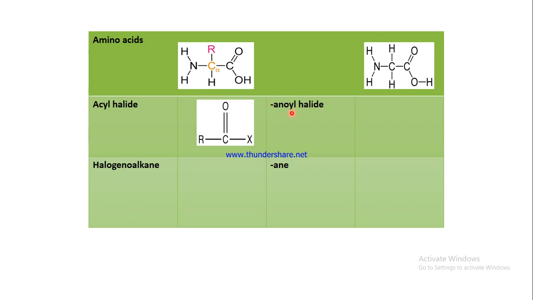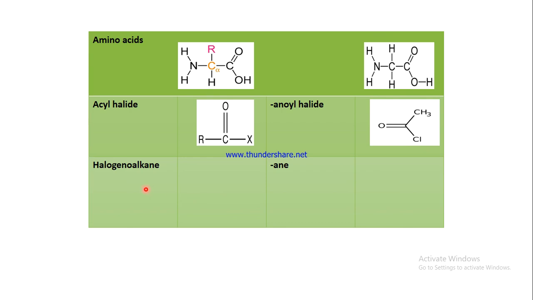The prefix for this particular homologous series is anoyl halide, and then the example there where we have got our ethanoyl chloride, since we've got two carbon atoms there, so it becomes ethanoyl chloride.